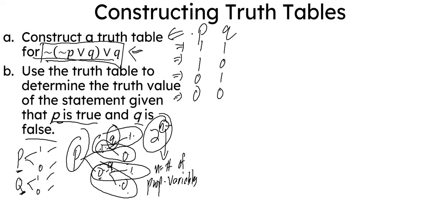Now, remember that we would always base it on P and Q. So the first thing to do is go inside the parentheses, which is what we usually do in math.